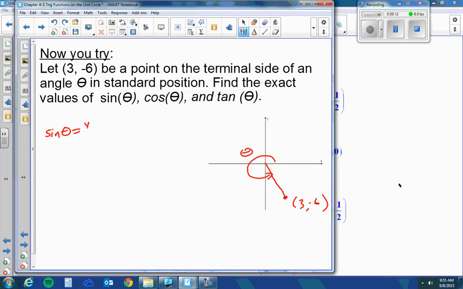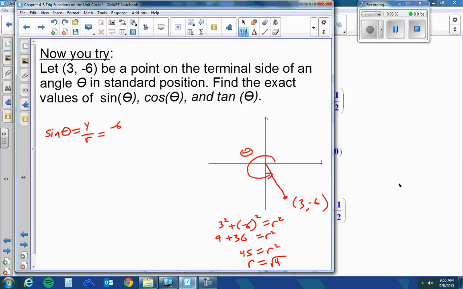And sine is y over r still. Y is negative 6, but r we don't know. So we do the Pythagorean theorem again. So 9 and 36 is what? So this is not as nice.